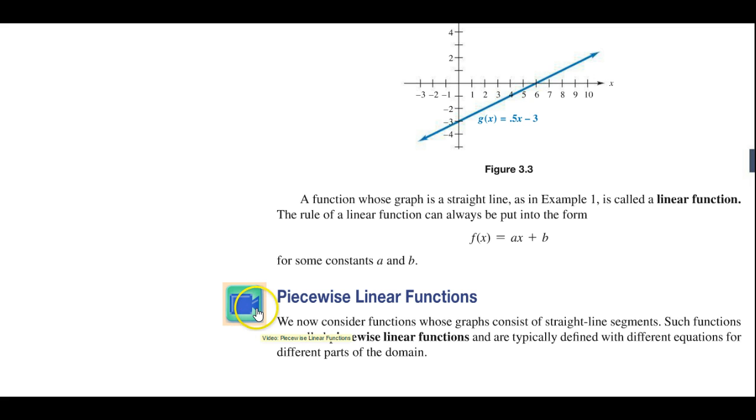All right, now we're going to take a look at this piecewise linear function, where we're going to often deal with two formulas in function form and then plot them.